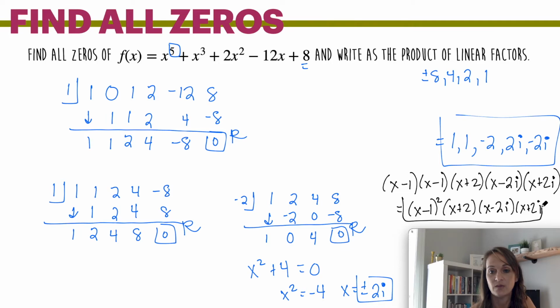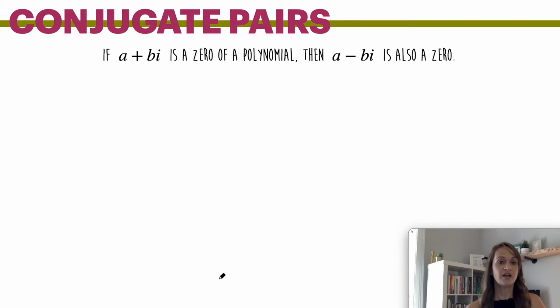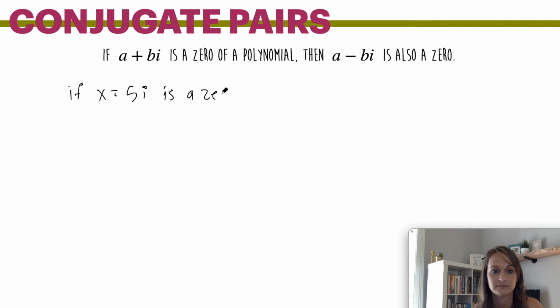Can be written the same way. Oops, that should be a parentheses of that. And this, again, remember, multiplicity at 1. Now, the conjugate of a pair, we talked about the conjugate of a plus b is a minus b, meaning if x equals 5i is a 0, then x equals -5i is also a 0.